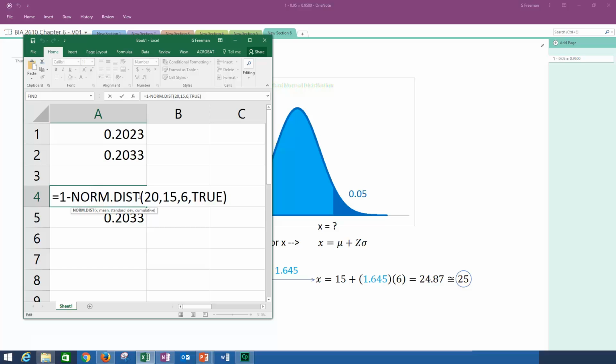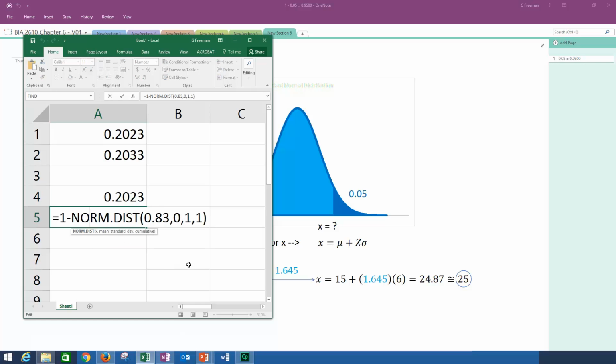Now the function itself is going to give you the probability to the left of the point. But we want the probability that's to the right of the point. So you take 1 minus. When you do the calculation, you just type in equals, 1 minus, and then get the probability that's to the left. Now to get the number that's in the table, what you have to do is round it off.